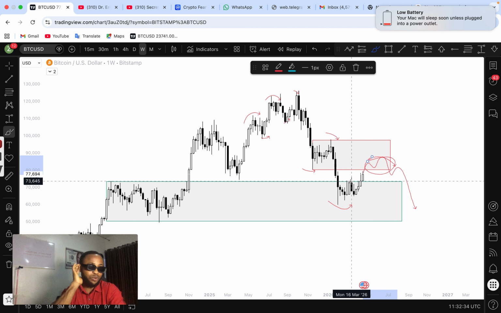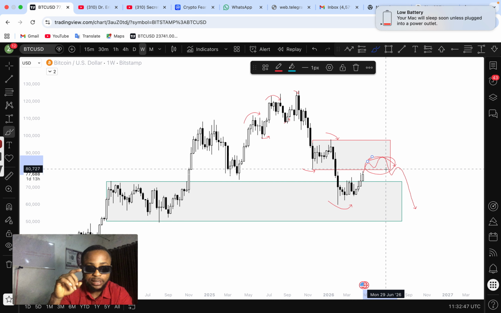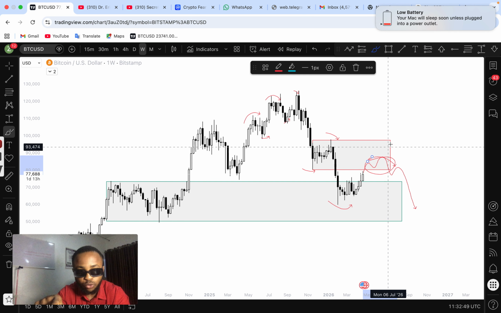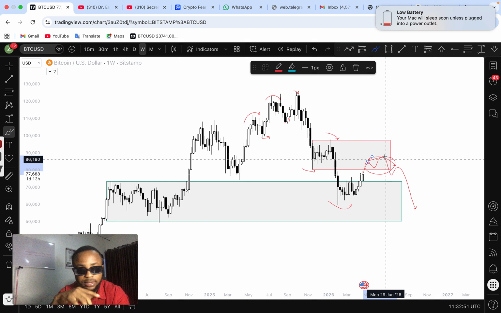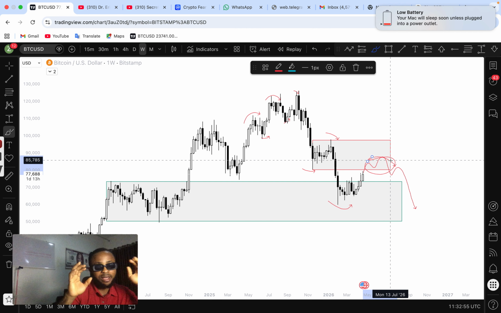That's exactly what I've been waiting for weeks now. So this is where we want to be looking for a high probability trade, around the 80k to 97k. I'll be looking to be a seller around all of this level. Nothing concerns me with buying for now. Does that make sense?